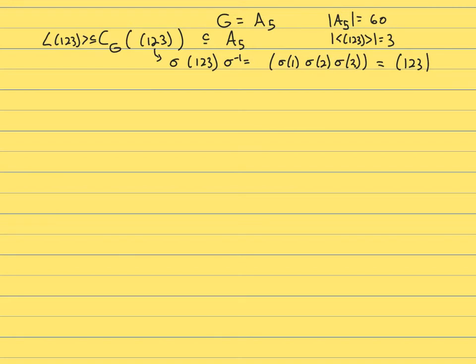So we see that whatever's going on, it must be the case that sigma must permute 1, 2, 3. Let me say it carefully. This permutation has to fix {1, 2, 3} as a set.